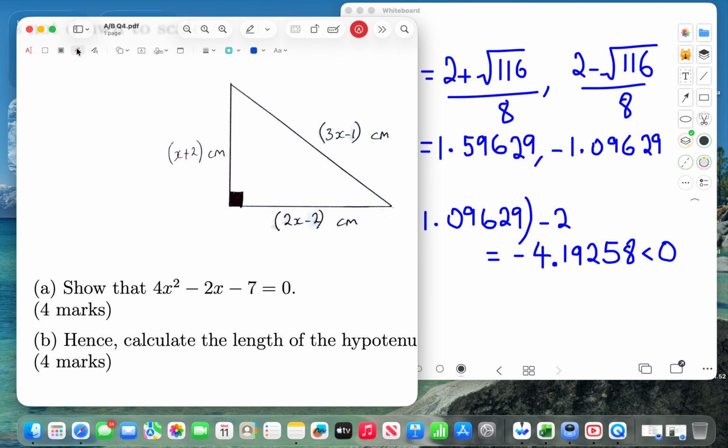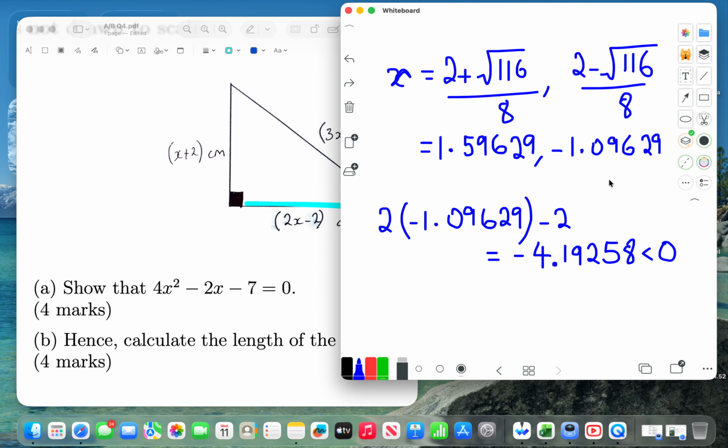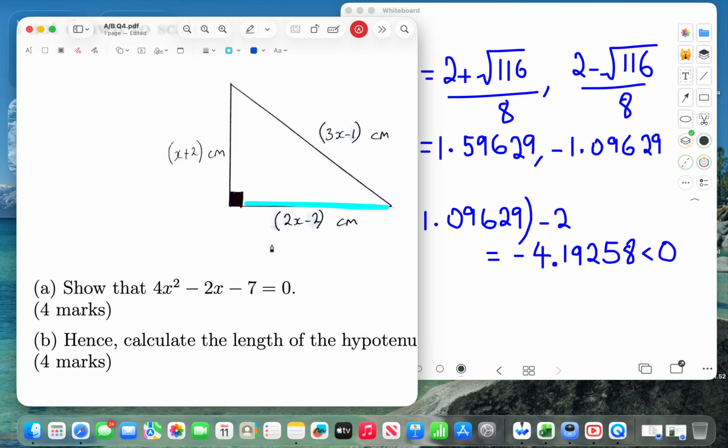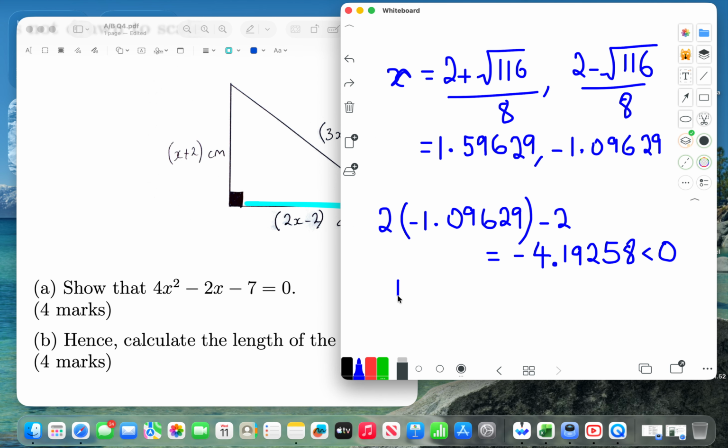So what's happening is it's this side, and if we have x is minus 1.09629, then this side becomes less than 0. So give a conclusion to this.